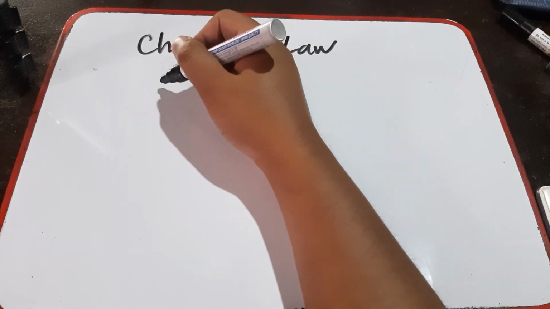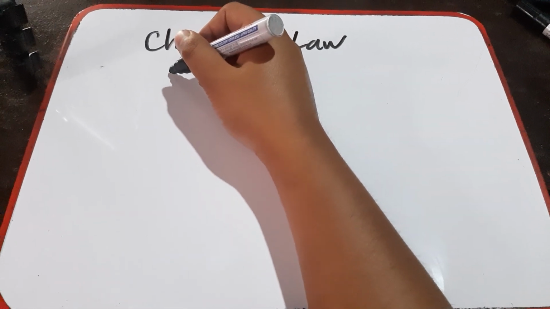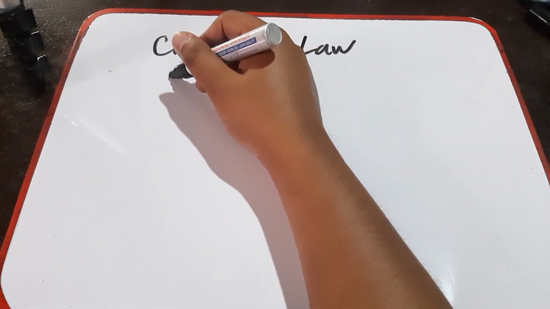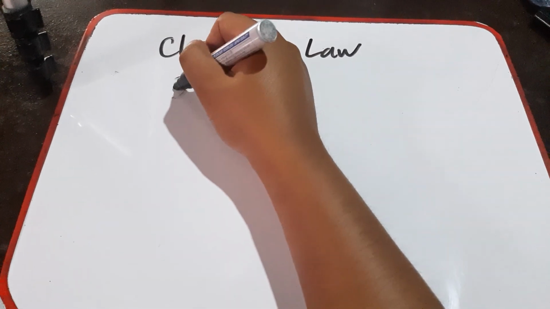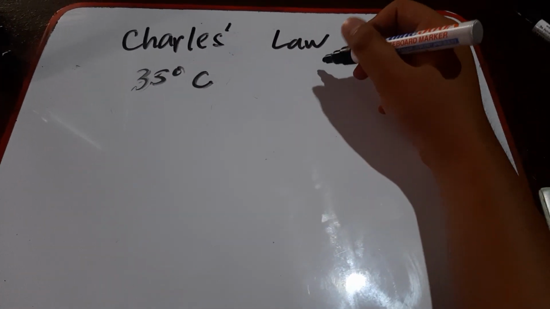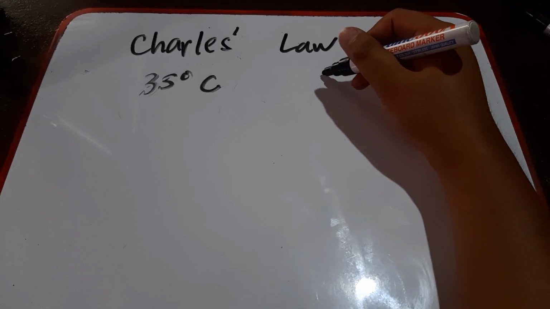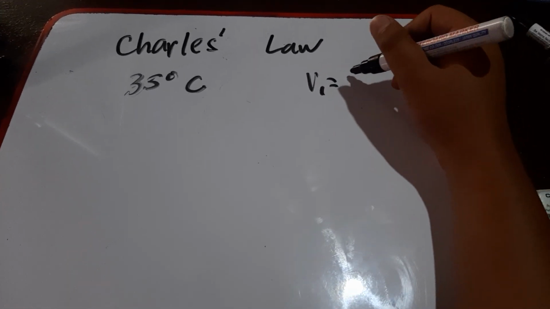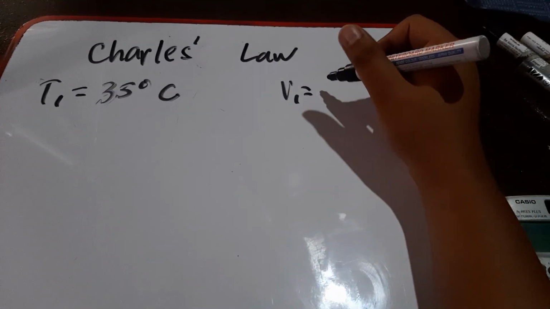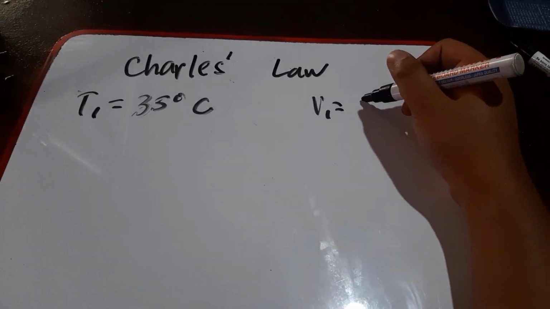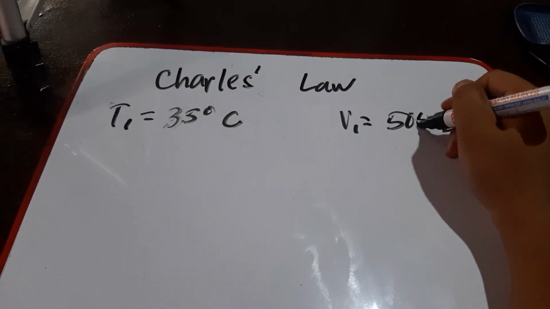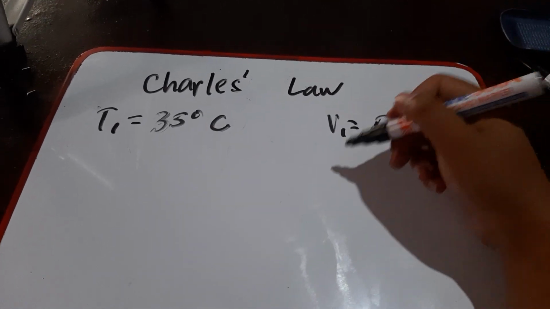So the Pepsi company has started lighting their hot air balloon at a temperature of, say for instance, 35 degrees Celsius. And the initial volume V1, lagyan ko na para guided kayo, at this temperature of the balloon is 505 liters.